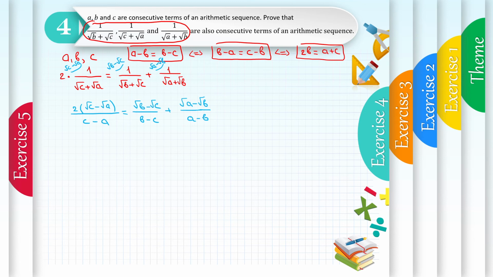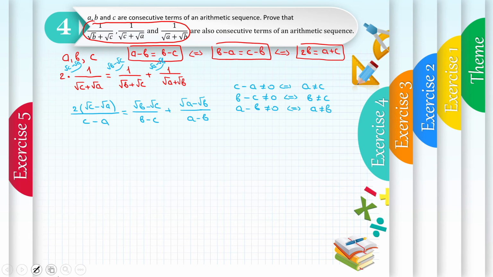So next, because on each denominator we have c minus a, b minus c, a minus b, this implies that c minus a is different from 0, equivalent that a is different from c, b minus c is different from 0, equivalent that b is different from c, and a minus b is different from 0, which is equivalent that a is different from b. So a, b, and c are different terms. They have different values. Sorry.